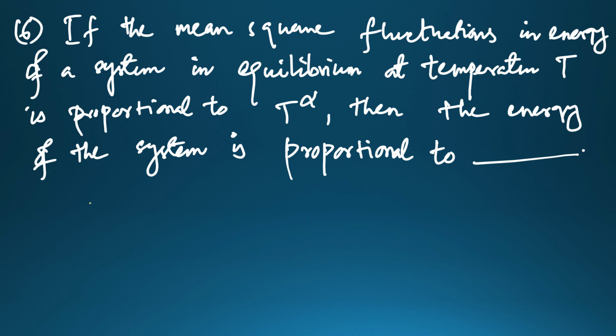The mean square fluctuation in energy of the system in equilibrium at temperature T is proportional to T to the power alpha.